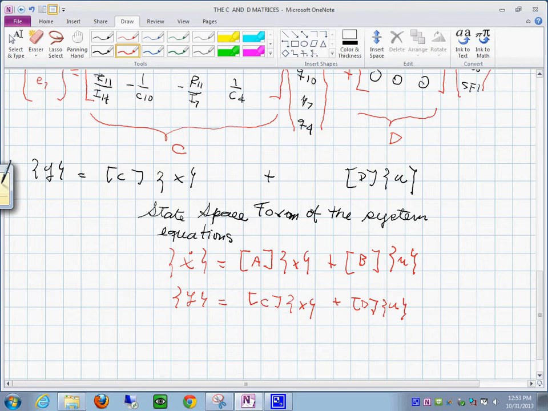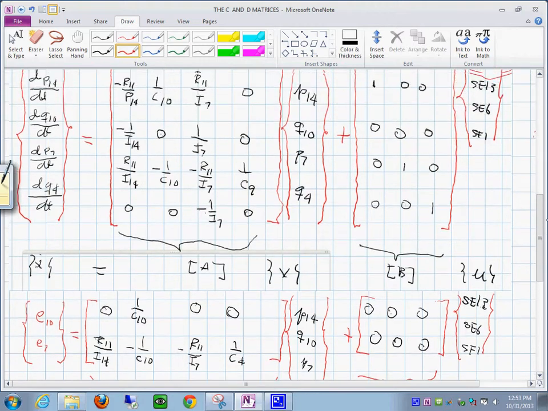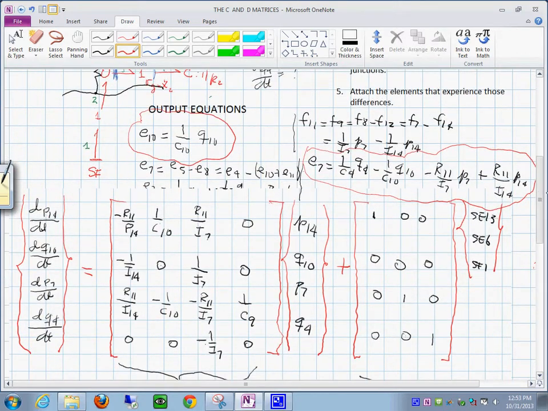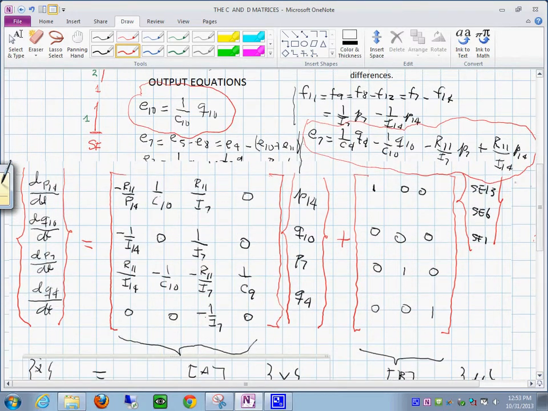So this form that you see here is called state space form, and we have now derived the A, B, C, and D matrices. That is how we have done it by hand in this case. Just to remind you, in the case of the A and B matrices, we found expressions for the derivatives first.